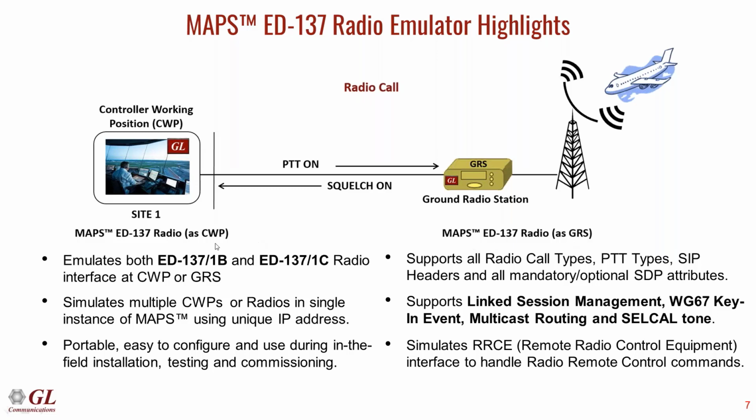And all these simulations are according to the specifications ED137 1B and the latest one, ED137 1C radio interfaces. As I told, we can simulate multiple end users, so we can simulate multiple controller working positions or ground radio stations in a single instance of the software.